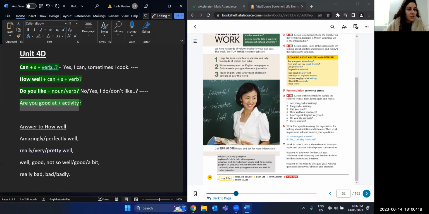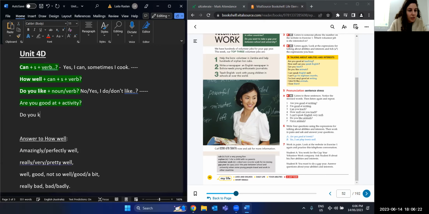Like, do you know how to, I'll add you another one. Do you know how to use, that's a good one. Do you know how to use AutoCAD? Because we use AutoCAD to do stuff. So do you know how to use it? And then this response would be, yes, I know how to use it.